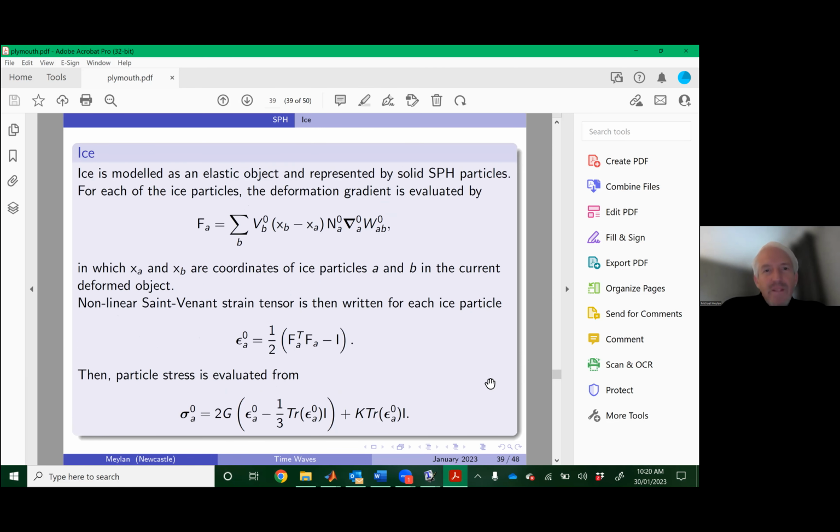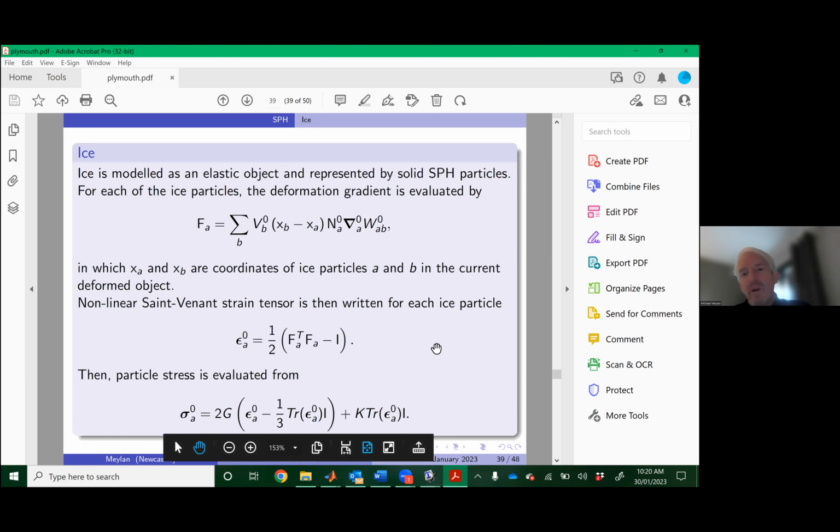Okay, and then there's the ice. We allow the ice to be elastic. One of the reasons for this whole modeling that I found for the ice that's really great is that you can use the same particles for ice as you can for the fluid. You just say you're a bit of ice, and then you're going to obey the equations of ice. So you're going to be elastically bound together.